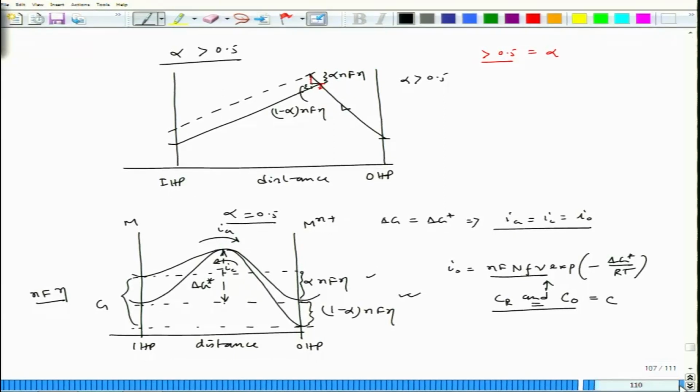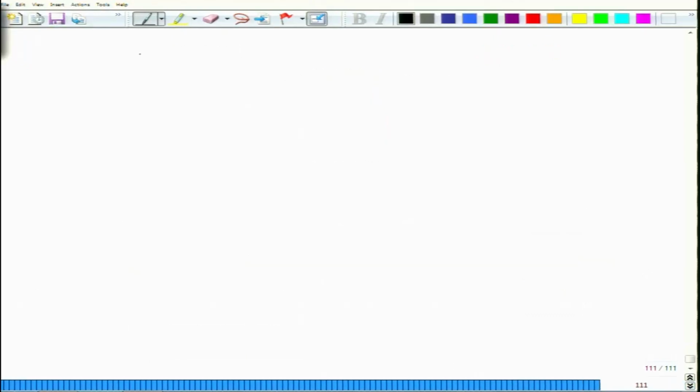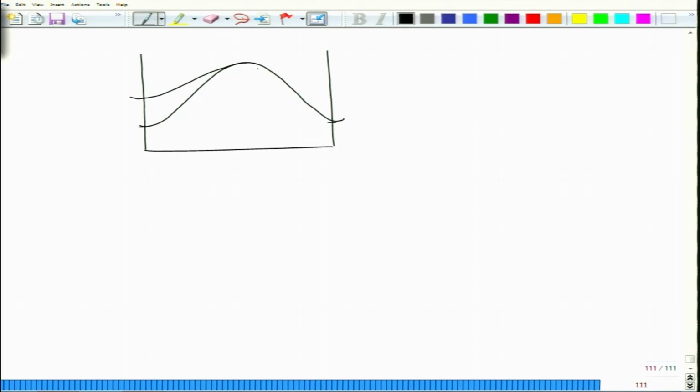This particular plot, let me redraw again. This is the overvoltage related change in free energy.